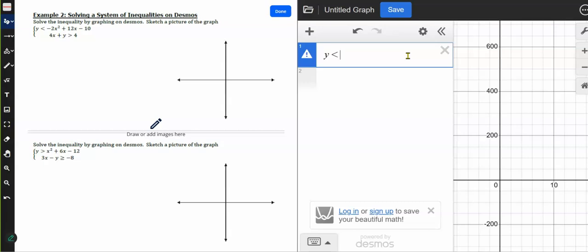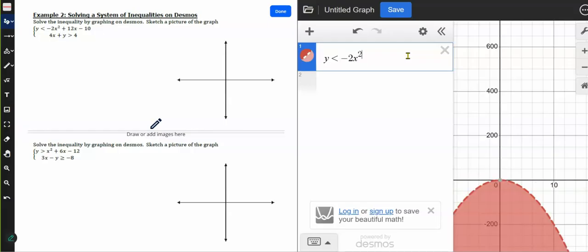However, that only gets rid of the equal. It does not get rid of the less than. Negative 2x squared. Notice that it's drawing a parabola, in this case with a dotted boundary line, and it's shading less than that. Now, less than that parabola this time happens to go inside the parabola.